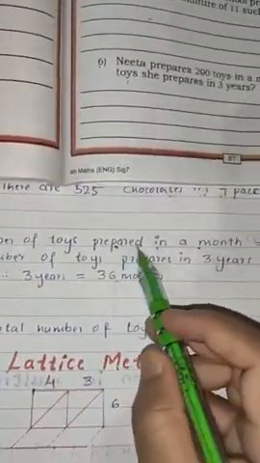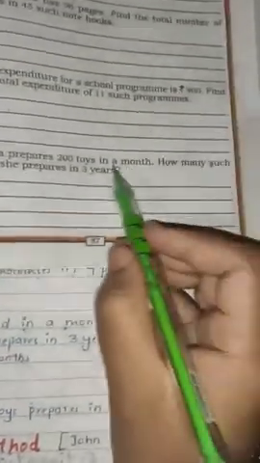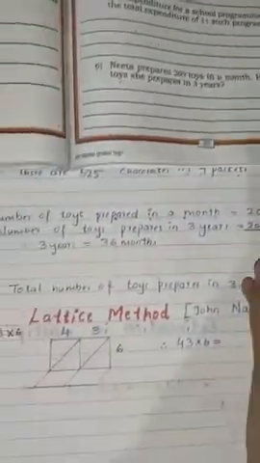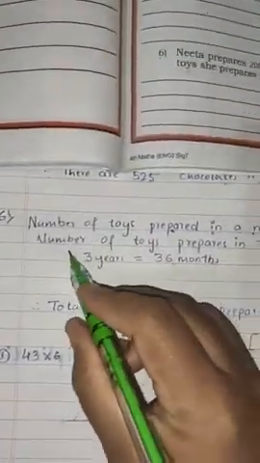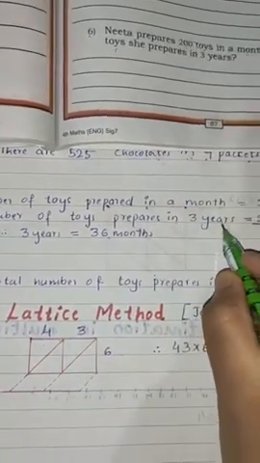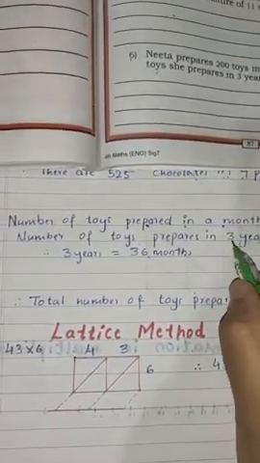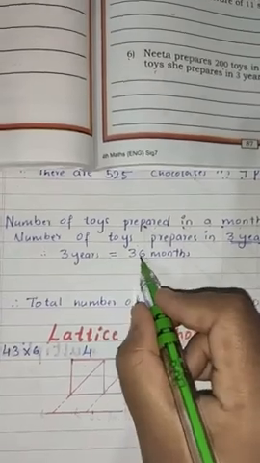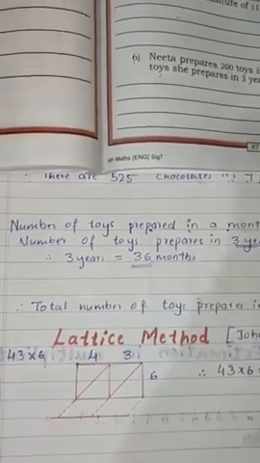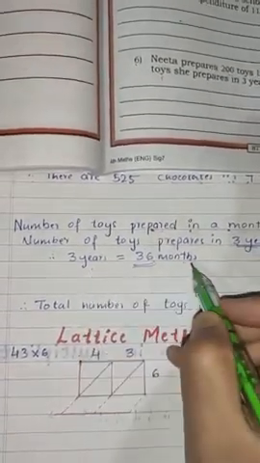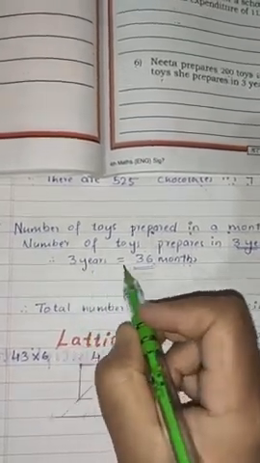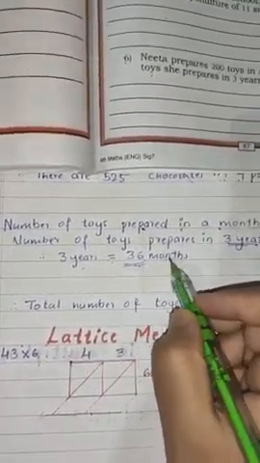Number of toys prepared in 1 month is 200. Number of toys prepared in 3 years: this 3 years is equal to 36 months. We have to convert years into months.